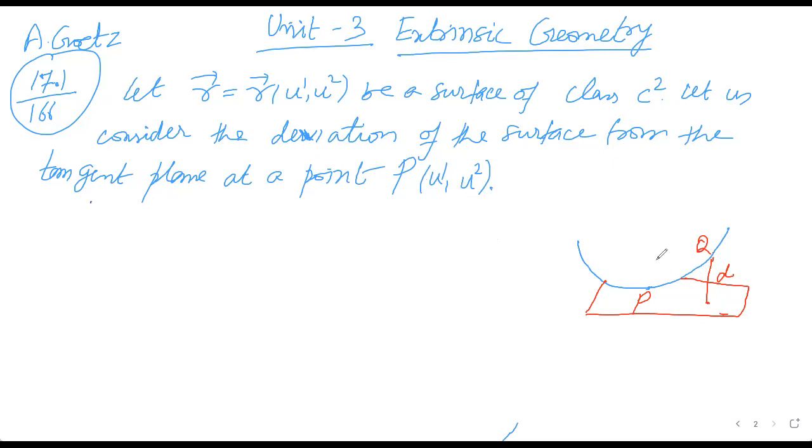So suppose this Q is a neighboring point. Let Q be some neighboring point, so I can write its coordinates as u1 plus h1, u2 plus h2. It is some neighboring point on the surface.